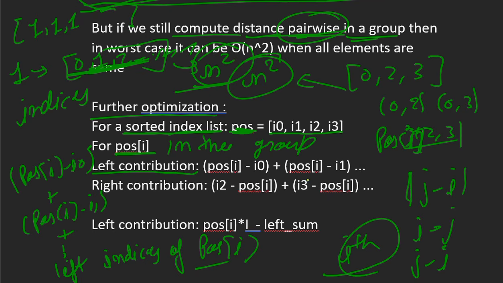How many indexes are present on the left? That is i indexes, from 0 to i minus 1. So position of i repeats i times.